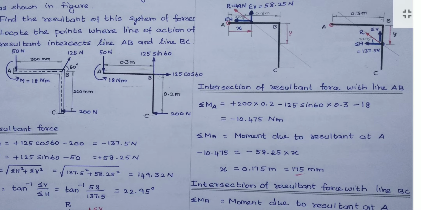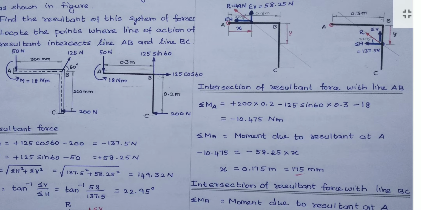For finding x, I am assuming that the resultant force is acting at the intersection point on the line AB. If I am finding y, I will assume that the resultant force is acting at the other edge, because we can transfer this force to any point on its line of action.